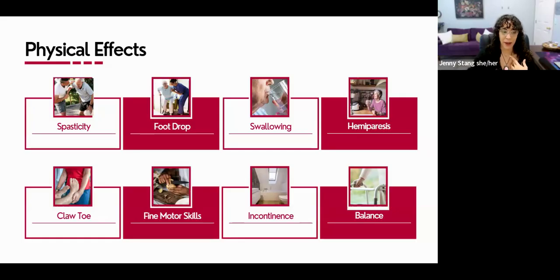Next is hemiparesis. Again, I apologize if I mispronounce these words. But this is a weakness or an inability to move on one side of the body. So this makes it hard to perform everyday activities like eating or getting dressed, right? Next, claw toe. Many survivors report that their toes begin to curl under their feet post-stroke. As a consequence, of course, it's going to be painful to walk because your toes are curled under and they're not supposed to be walked on, right?